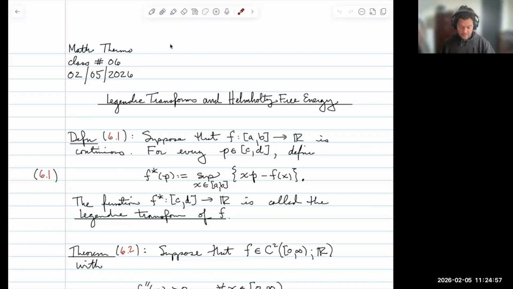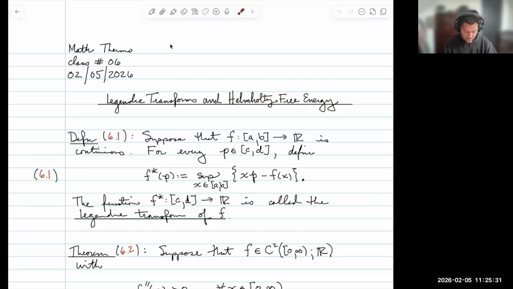There are some other transforms that are used commonly in thermodynamics: the Gibbs energy, or the Gibbs free energy, and also the enthalpy function are what I would call thermodynamic potentials obtained through Legendre transformations. But we're not going to be using those so much in this course, so we're only going to focus on the Helmholtz free energy.